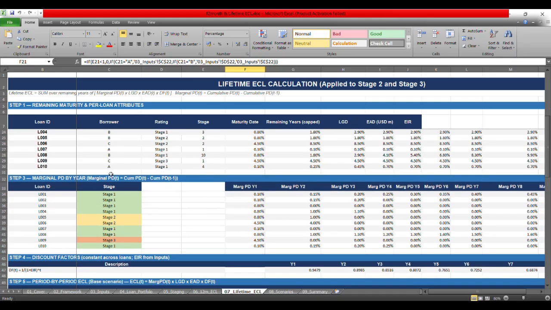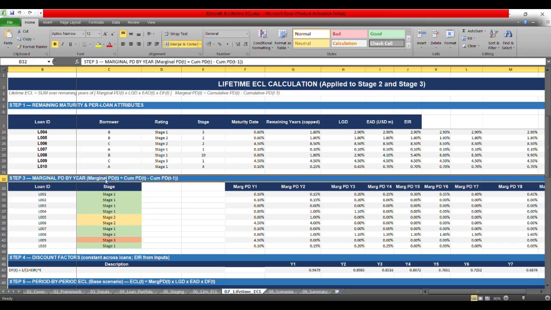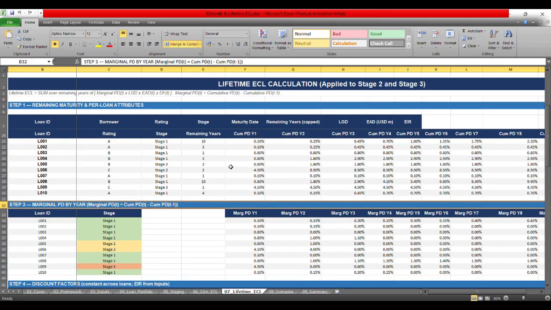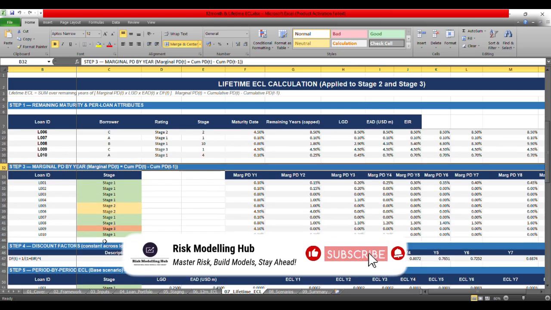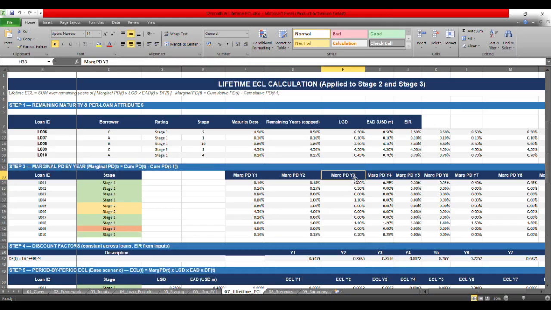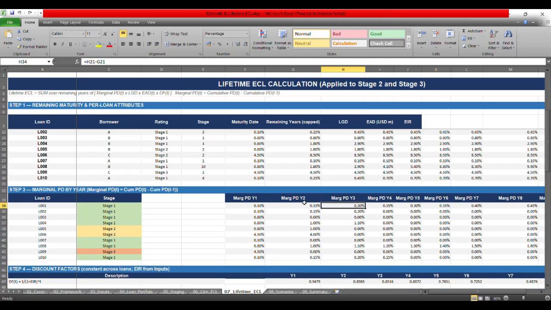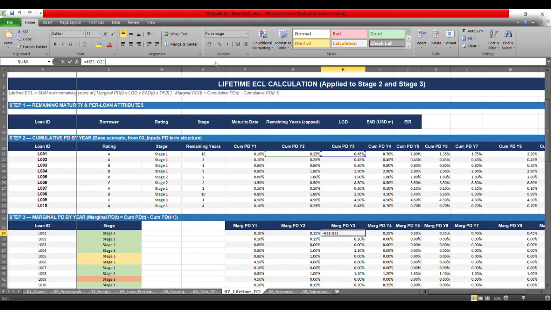Now comes the key concept, the marginal PD. Cumulative means the probability up to that particular year, but marginal means we are looking at that specific year only. So if I want the marginal PD, meaning the probability of defaulting in year 3, that's the cumulative PD at year 3 minus the cumulative PD at the previous year.